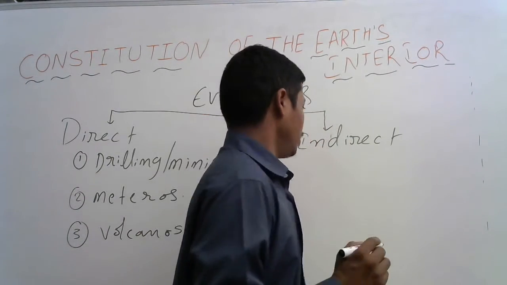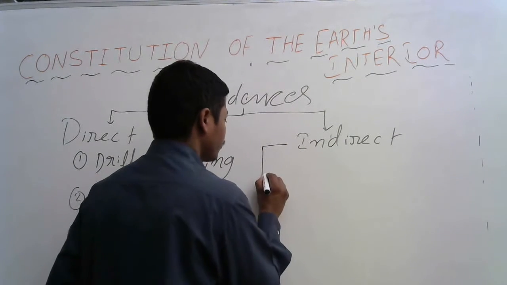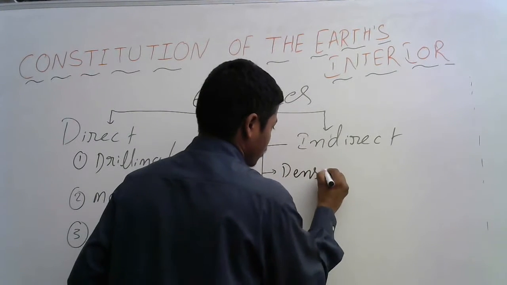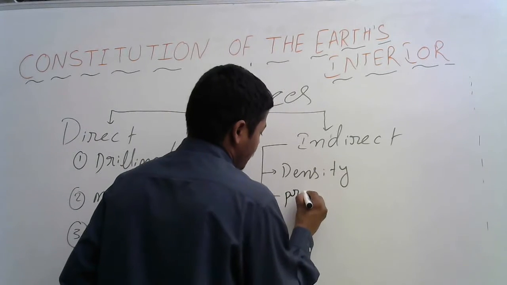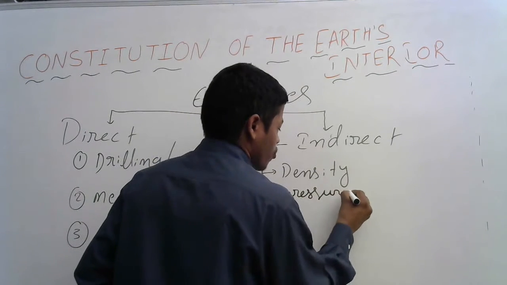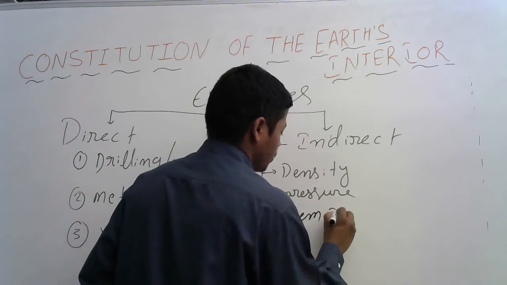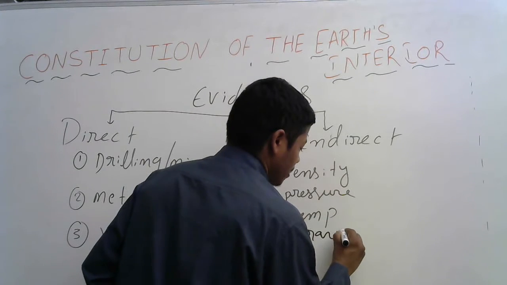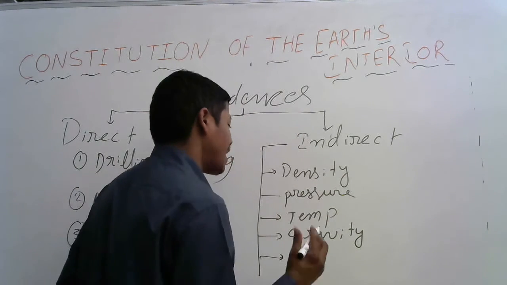Indirect evidences are density, pressure, temperature and gravity, and finally seismic activity.